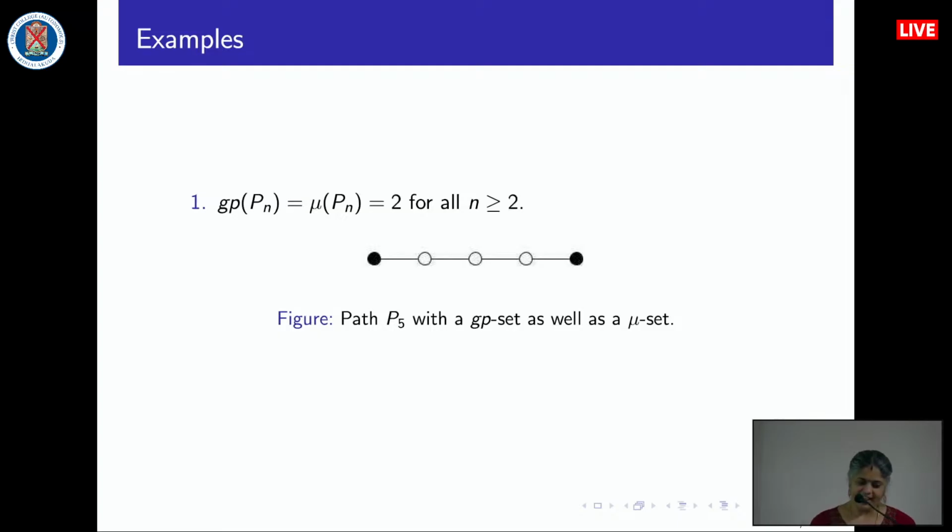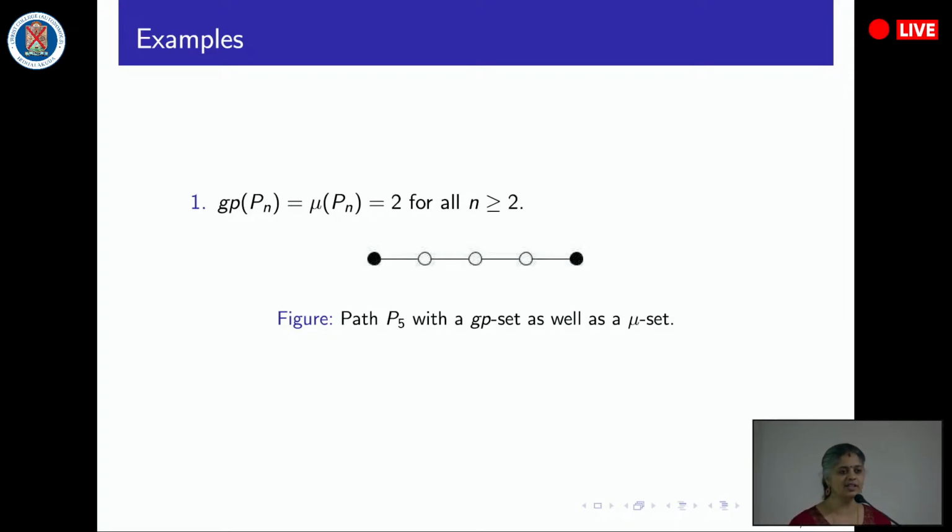And here I have given the value of general position and mutual visibility for some simple classes of graphs. For a path, if you take any three vertices, there exists only one shortest path connecting two vertices. So whichever three vertices you choose, one vertex will be in the middle of the other two.